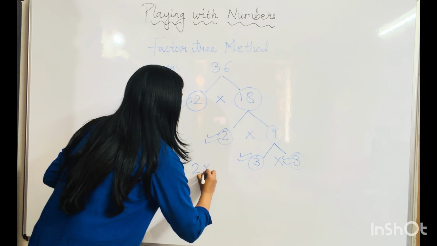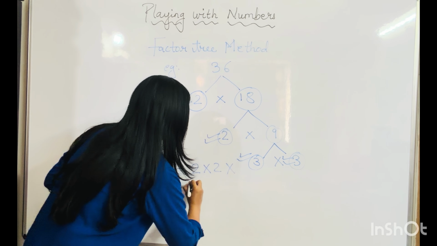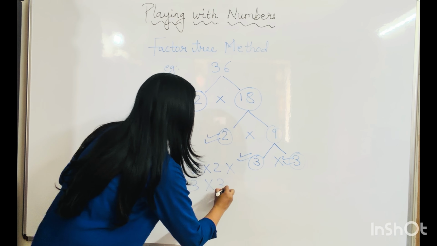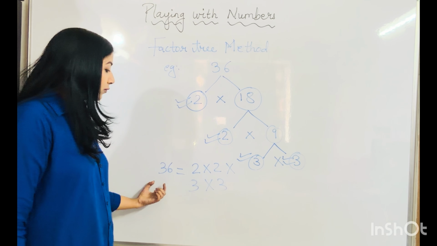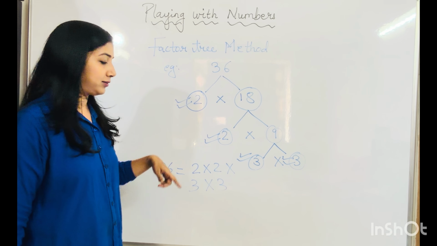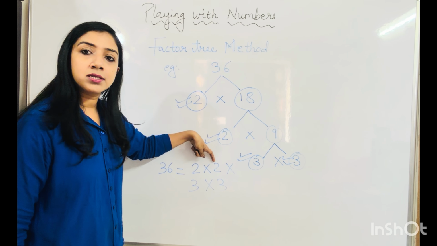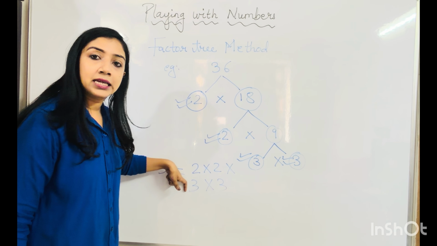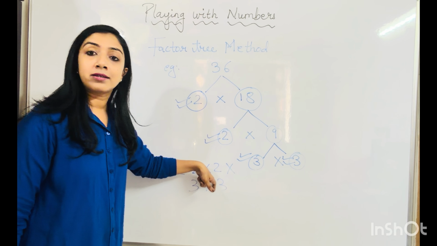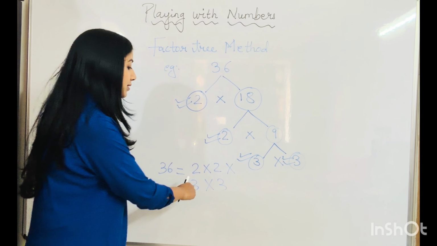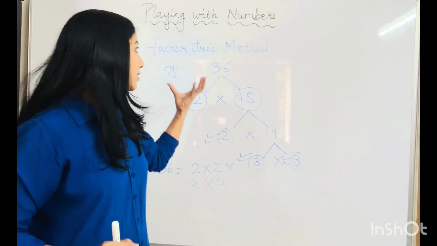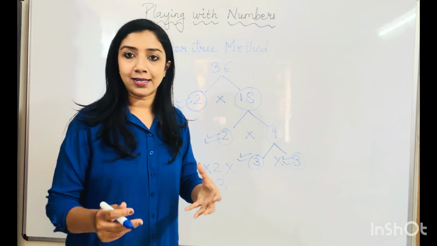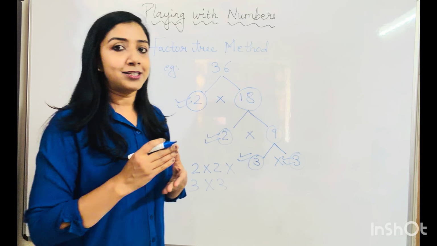So 2 multiplied by 2 multiplied by 3 multiplied by 3. Now, after multiplication, we need to check whether we are getting 36. 2 times 2 is 4. 4 times 3, 12. 12 times 3, 36. That means these are the prime factors of 36. And this method is called prime factorization using the factor tree method.